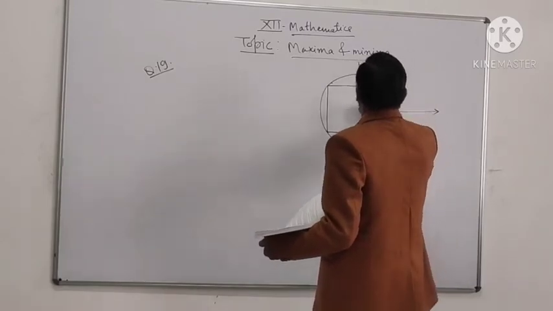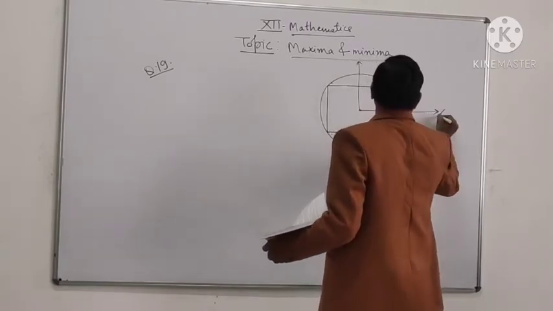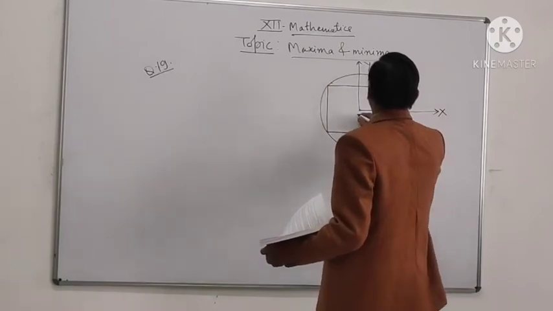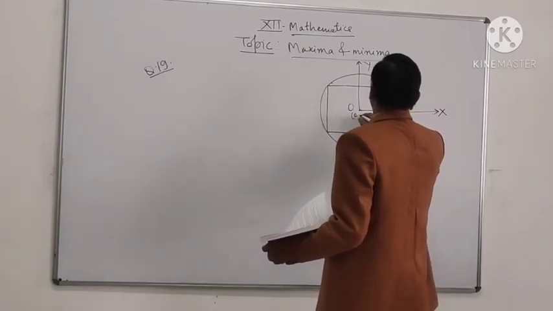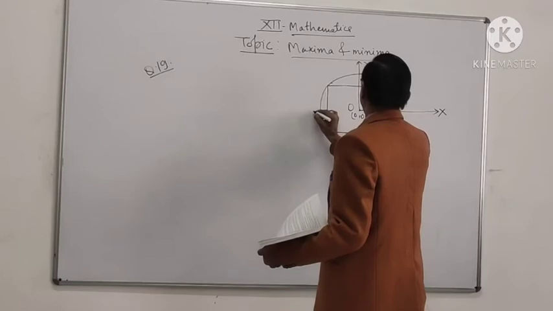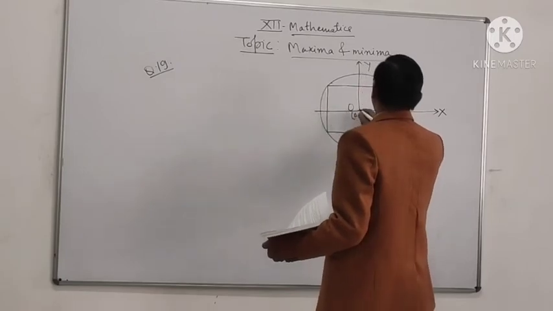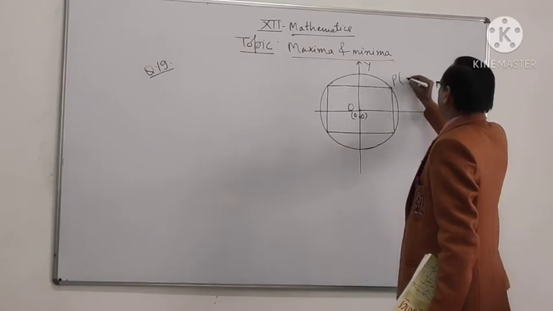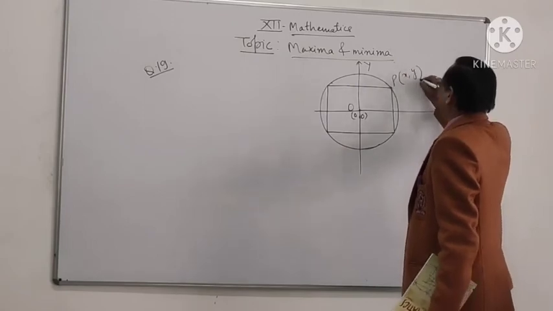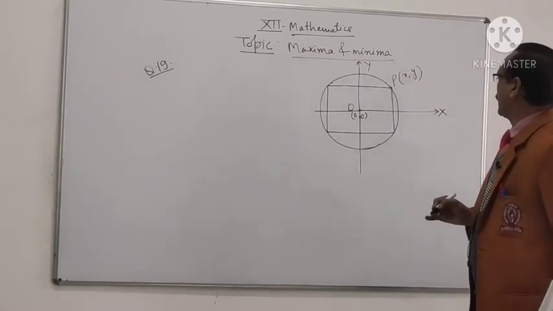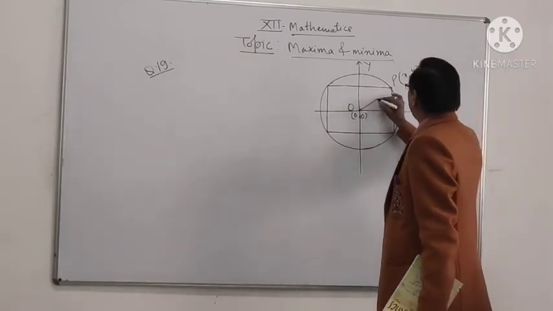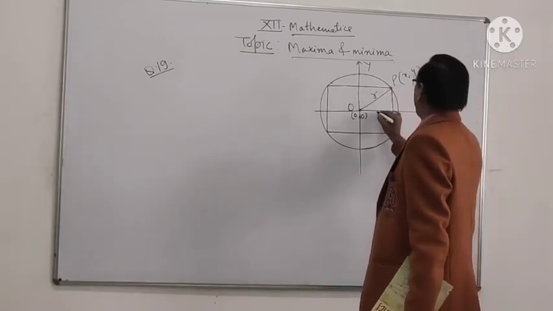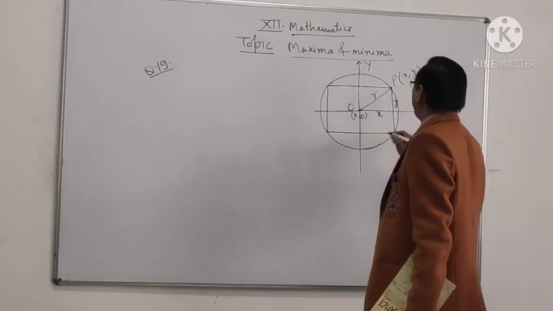Student, let it is x-axis, y-axis, origin 0, 0. Let the coordinate of this point P is x, y. Then this is the radius. Student, this will be x, this is y.